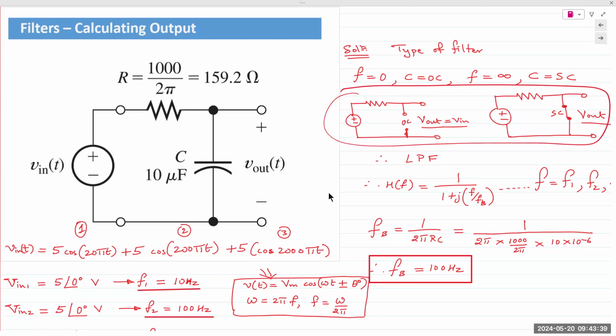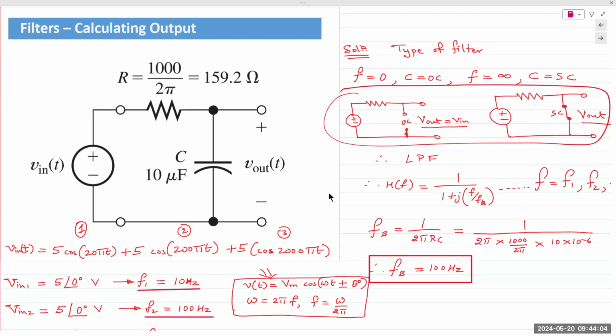V in of t was given, V out of t was the deliverable. So we took a look at the transfer function. We calculated the break frequencies and the input frequencies of the three components of the input signal. Then we determined the transfer function at each one of those frequencies and determined our output. So the approach is similar for this problem.